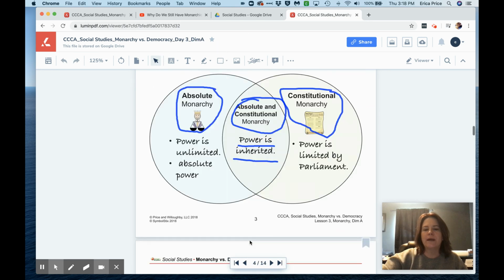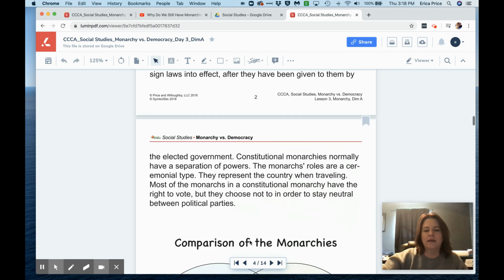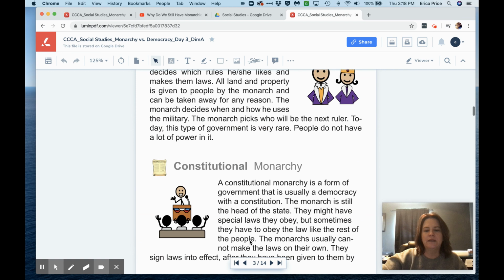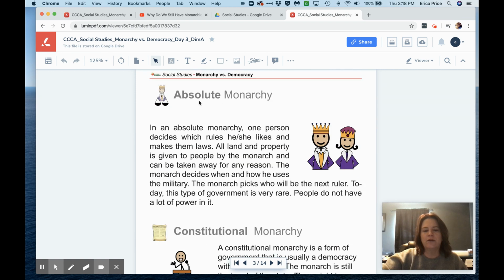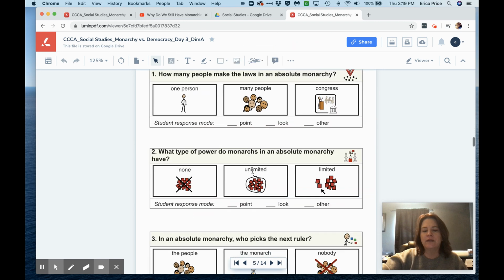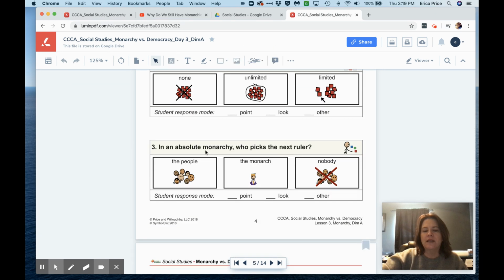Alright, let's go right back up here and see right here. Absolute monarchy, the monarch picks who will be the next ruler. So if we come right back down here, in an absolute monarchy, who picks the next ruler? It's the monarch. They have absolute power, unlimited power, so they pick their next ruler.